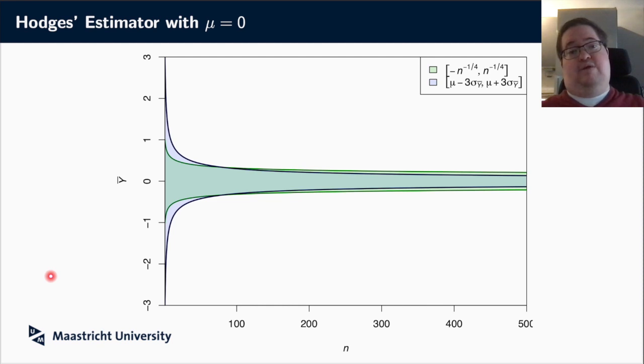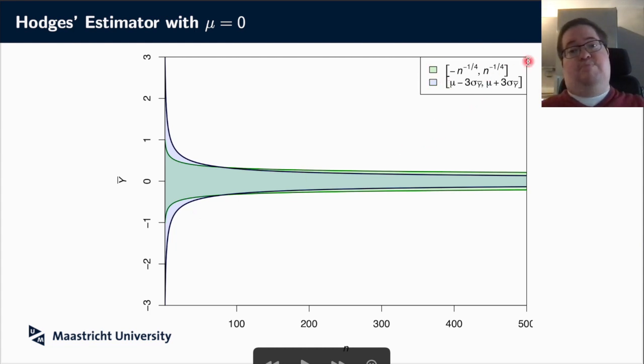Well, this is graphically what it looks like. What we have here in blue is an indication of the distribution. Of course, it's not the limits of the distribution, because y bar has a normal distribution, which of course has unbounded support. But I've subtracted here 3 times the standard deviation and added 3 times the standard deviation, so it covers most of the probability, over 99%.